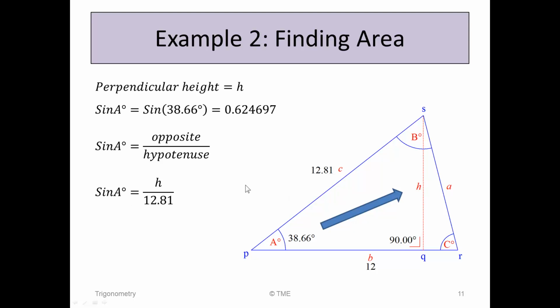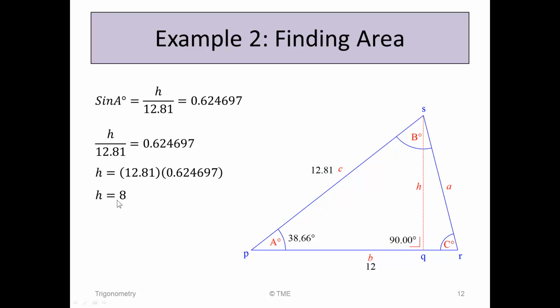So sine A is h over the hypotenuse, the one opposite the 90 degrees. So h over 12.81 is sine A. Sine A is h over 12.81, but it's also equal to 0.624697 because we know that A is 38.66 and we know its sine to be this value. So therefore h over 12.81 is 0.624697, and multiplying across, h is 12.81 times 0.624697. h is 8.